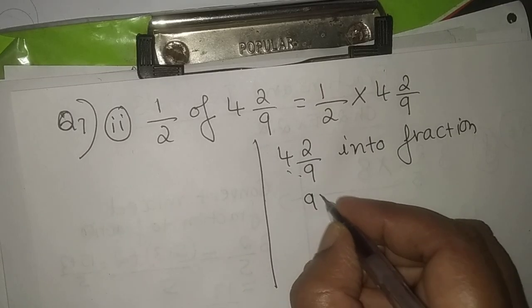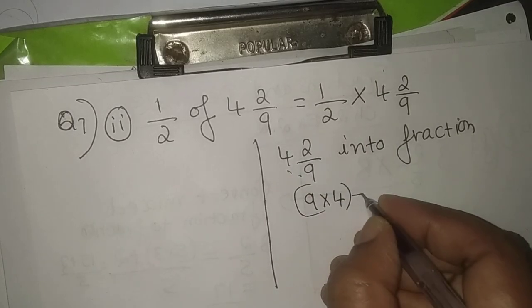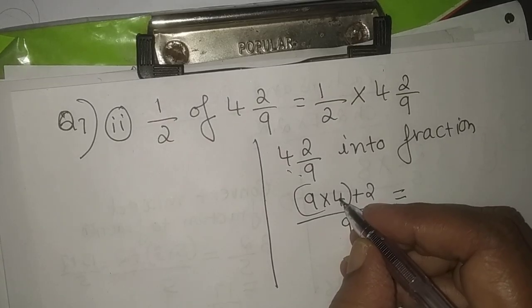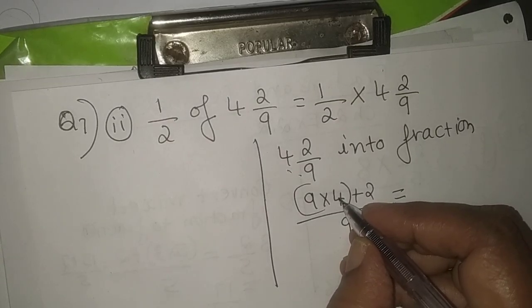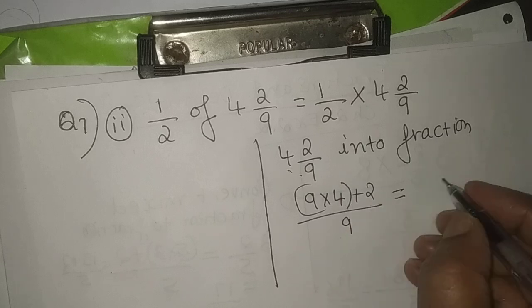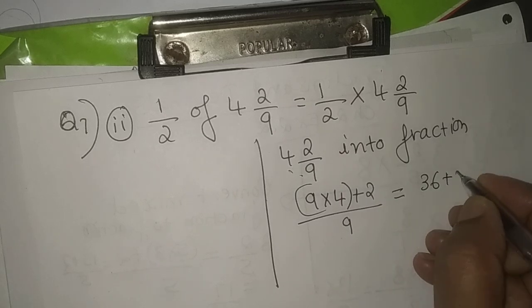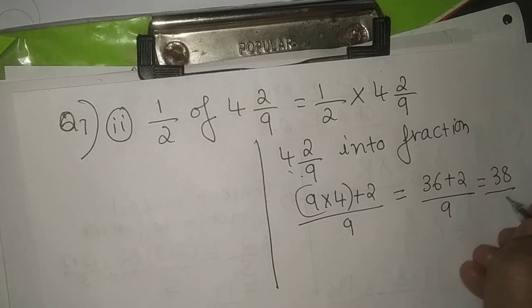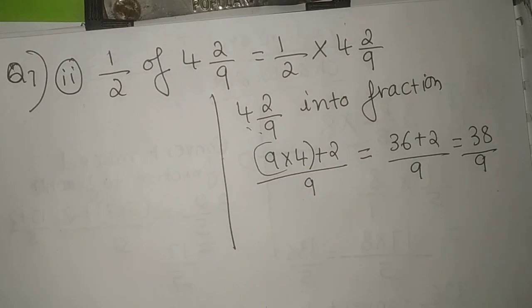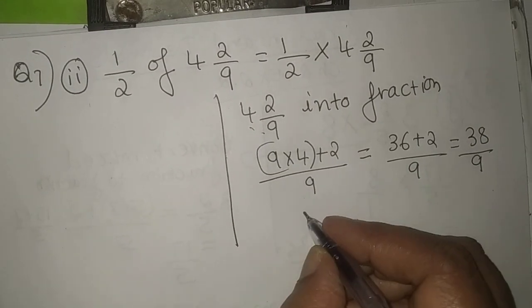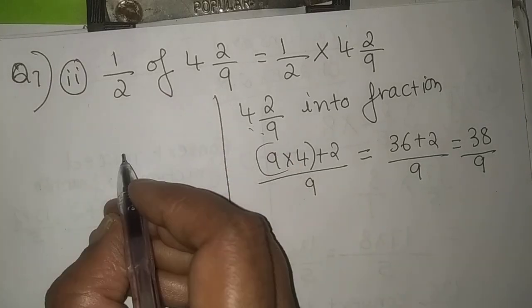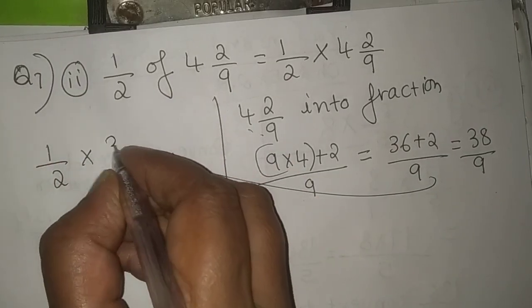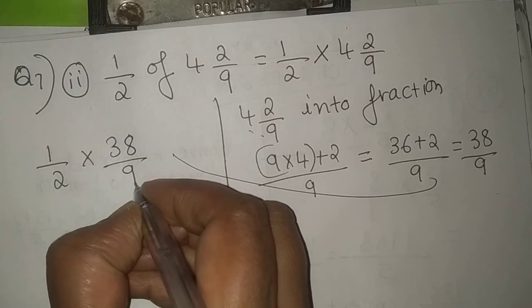That is 9 into 4 plus 2 by 9. 9 4s are how much? 36. 36 plus 2 by 9 is equal to 38 by 9. Now we got 38 by 9. Substitute here, that is of into 38 by 9.